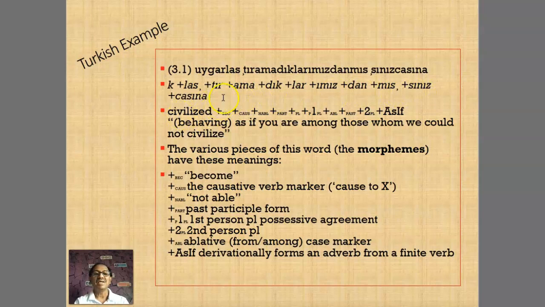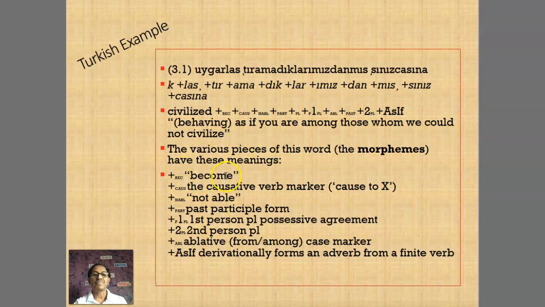What's happening here? It's basically civilized, and then you have different suffixes, causative suffix, plural suffix, participle suffix, ablative case suffix, and so on. This actually means behaving as if you are among those whom we could not civilize. That's the meaning of that. So the various pieces of this word are all morphemes, have different meanings like this.